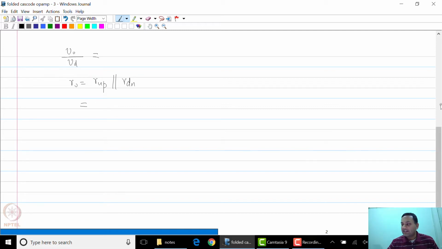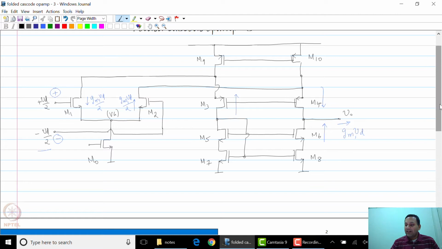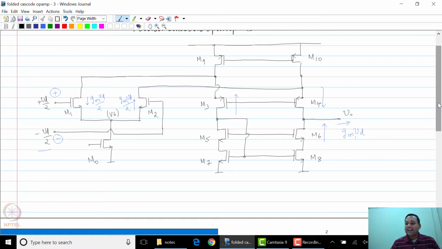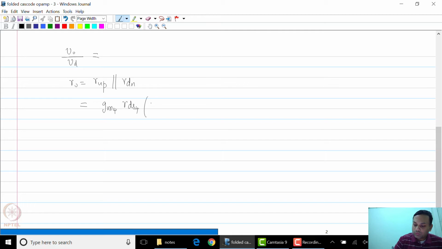The upward looking resistance is nothing but Gm4 RDS4 times the RDS of M10 in parallel with the RDS of M2.